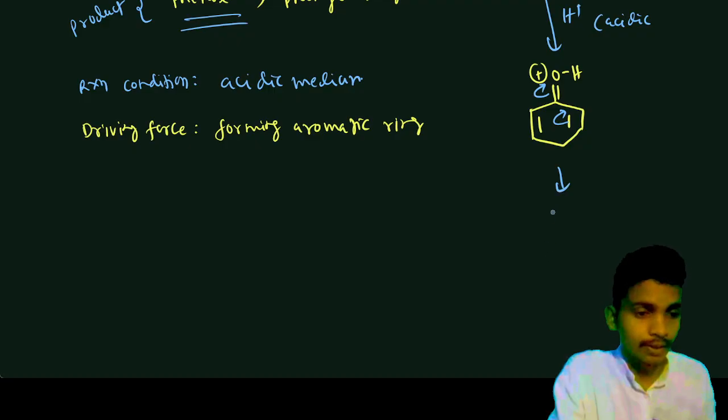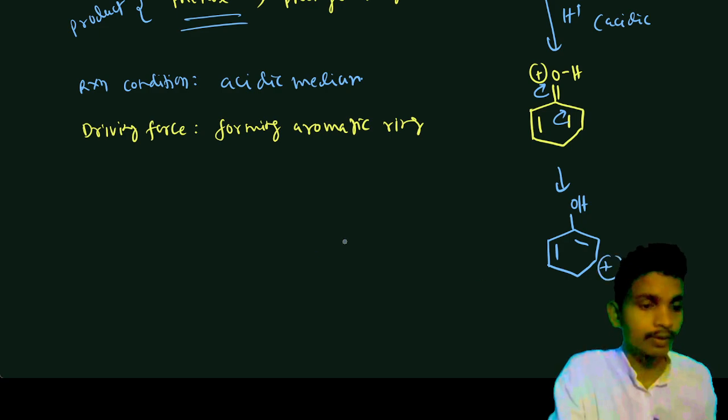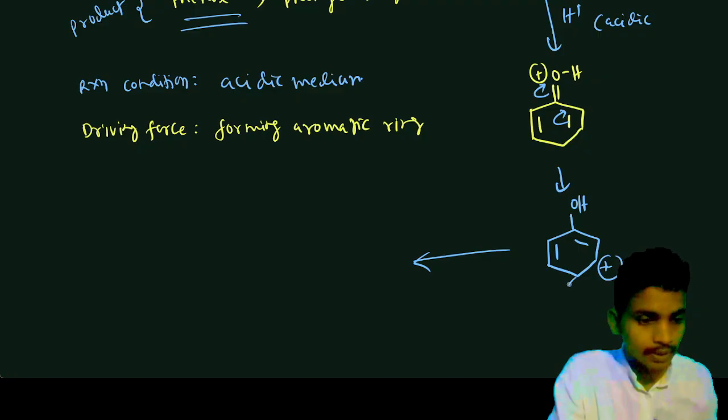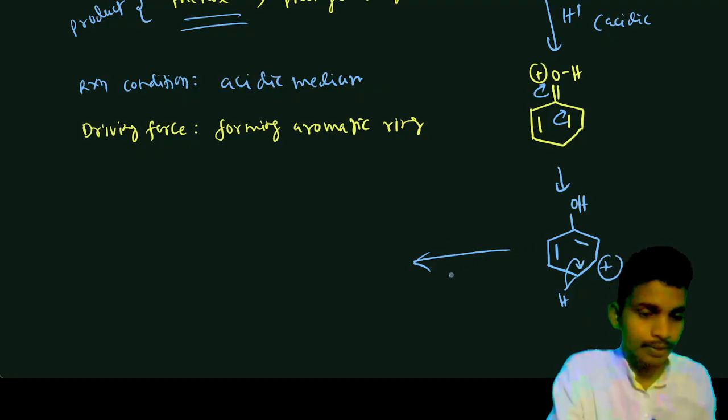Then we get OH, and here we have a positive charge. Since we have a hydrogen here, this hydrogen will shift, and elimination will happen.